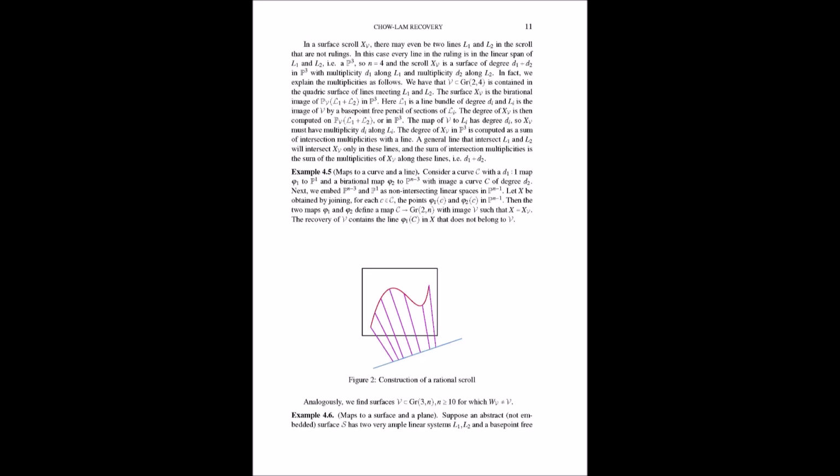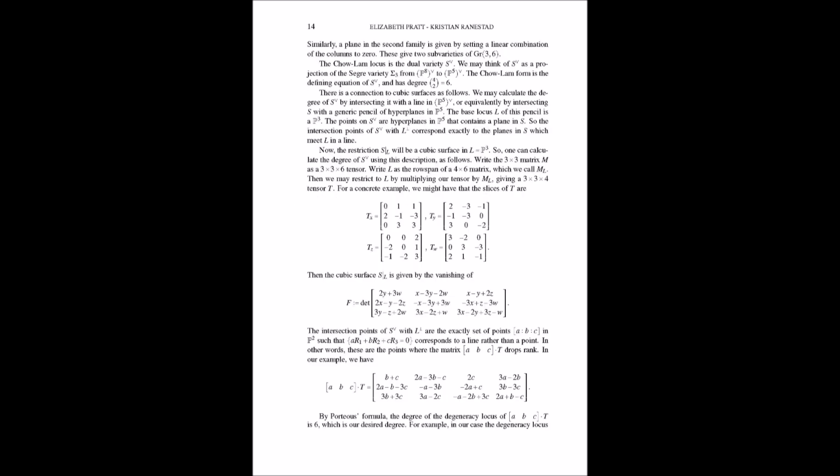Another cool direction would be to look at the recovery problem for other types of varieties. We've mainly focused on Schubert varieties and positroid varieties, but there are tons of other varieties in Grassmannians that might behave in interesting ways under Chow Lam recovery. That's a great point. We could look at varieties defined by determinants or varieties related to representations of Lie groups. It could lead to new geometric discoveries and connections to other areas of math and physics.